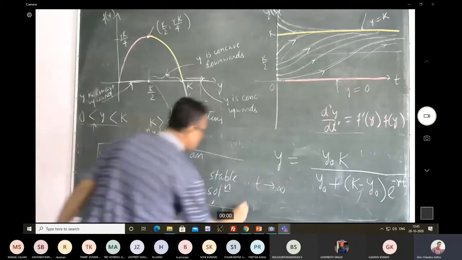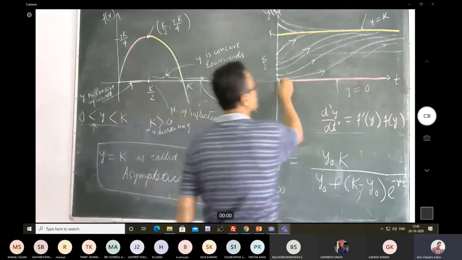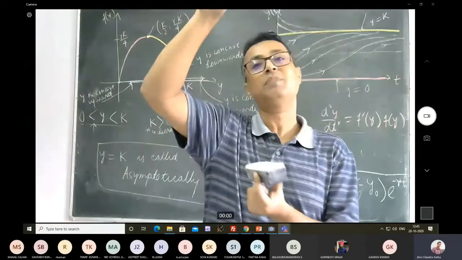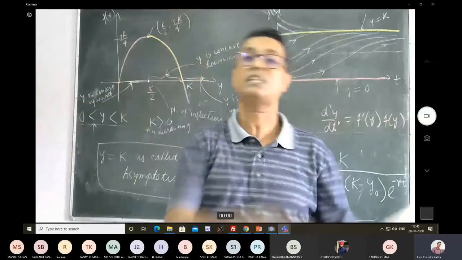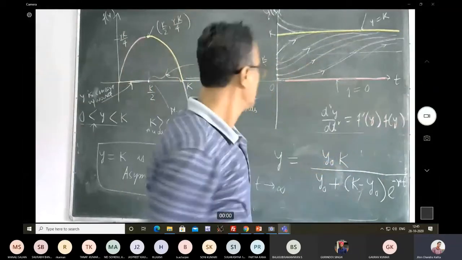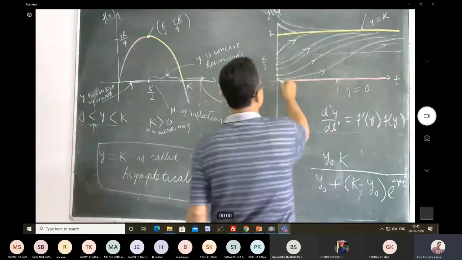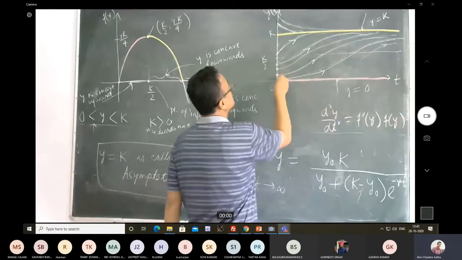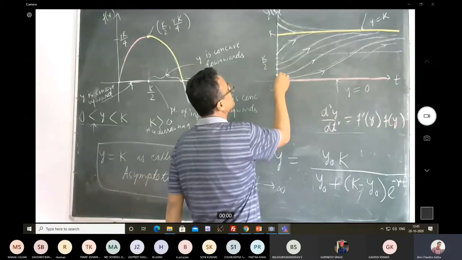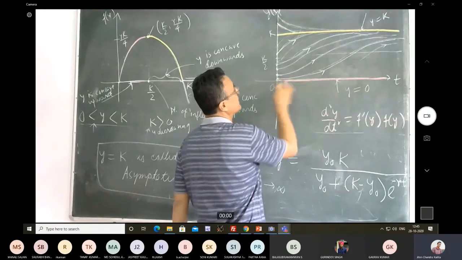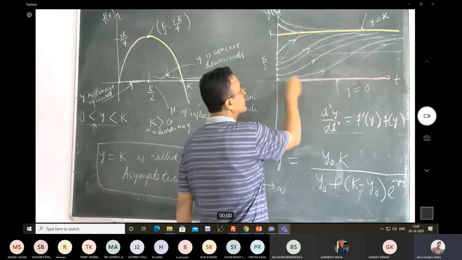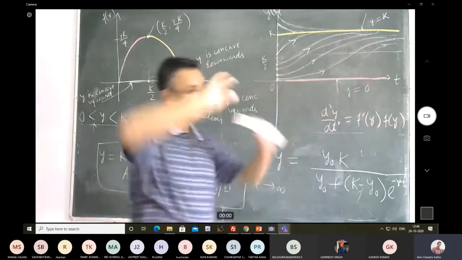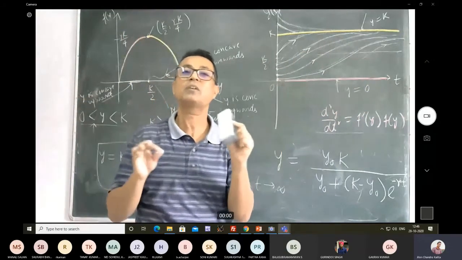Now you can see the solution y equal to 0. Of course, here I'm considering the constant solutions only, which correspond to the critical points in a system of equations later on. Even if you start very near this y equal to 0 line, the solutions deviate from it and do not come back to y equal to 0.